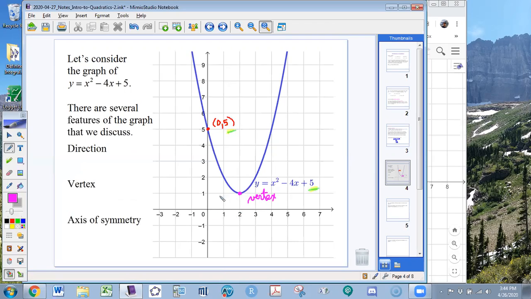And it appears as if that vertex is at the point 2, 1. Now, just based off of a graph, we can't be absolutely certain about that. It's possible that that was actually at 1.999995, comma 0.993.